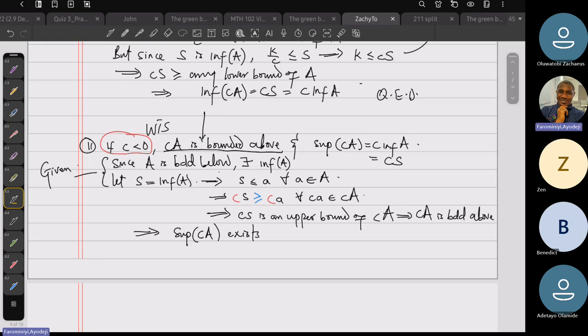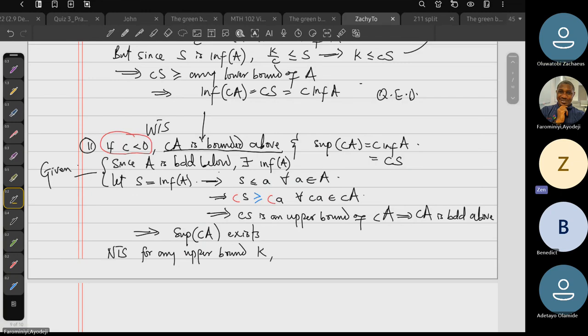How do we now show the second part? What is the idea? What else do we need to show? We need to show that if you take another upper bound, I used K the other day, let's use K again. For any upper bound K, what is the relationship between K and CS?